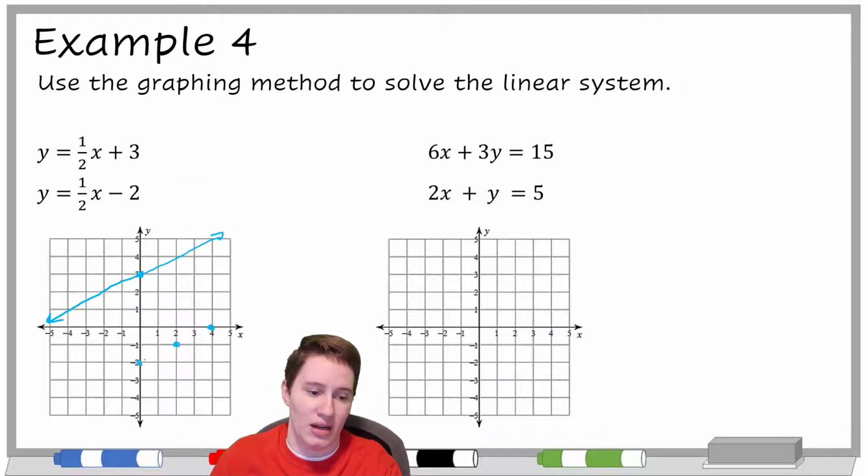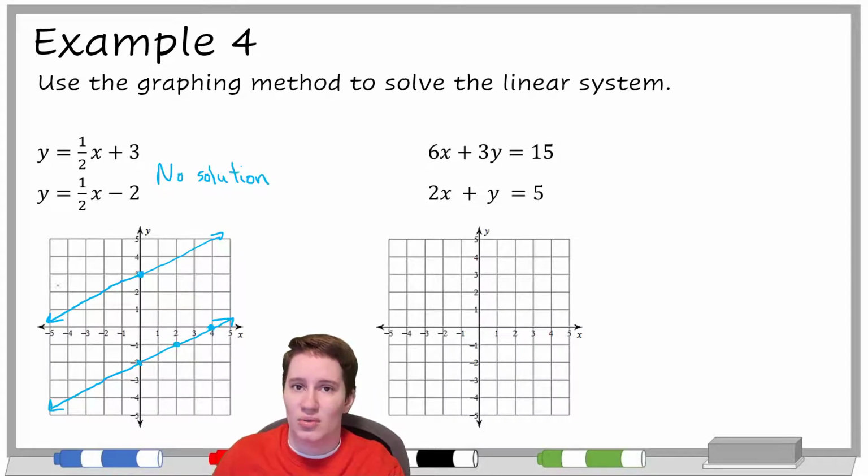These are parallel lines, which means they never meet. So this would be a case where we have no solution. We could tell that if we were paying attention just from what the equations look like. They have the same slope but different y-intercepts, because the difference between the 2 cases is that for them to be parallel, they have the same slope but different y-intercepts. But for them to be the same line, they have the same slope and the same y-intercept.